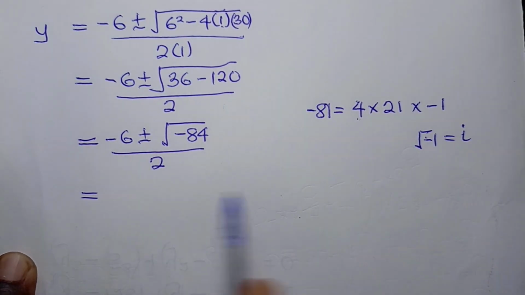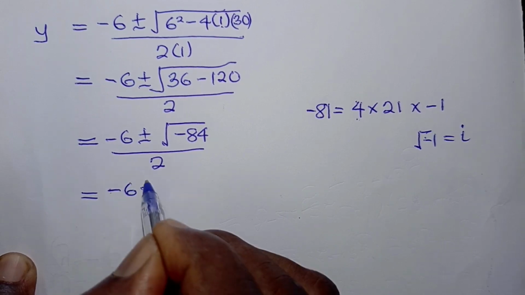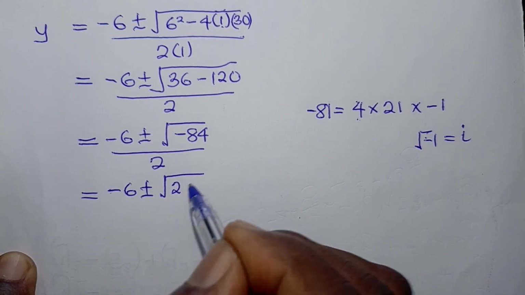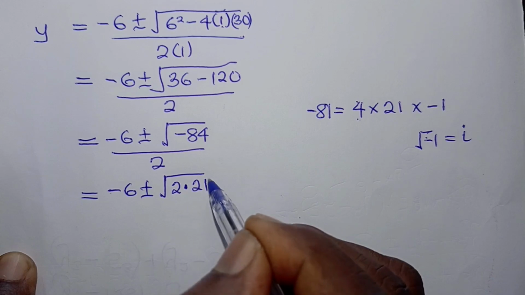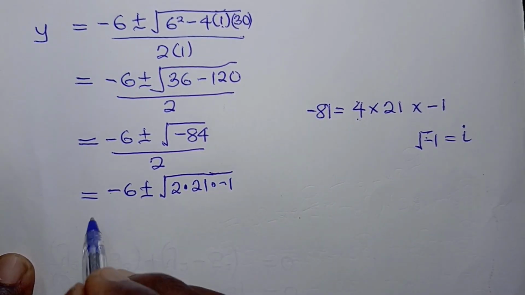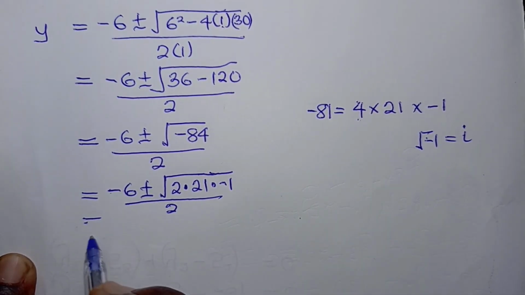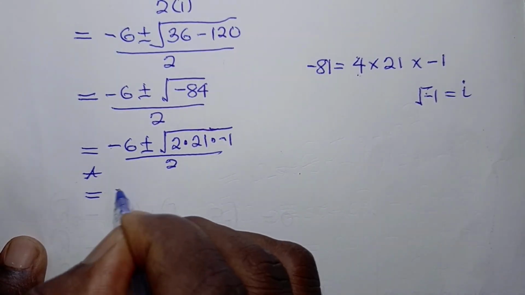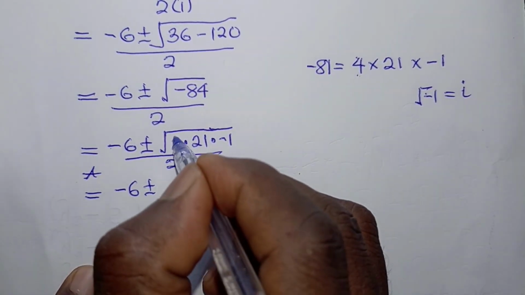So it means that we can write this one as minus 6 plus or minus square root of 4 times 21 times minus 1, all divided by 2. So this will give us minus 6 plus or minus, sorry, here is supposed to be 4.